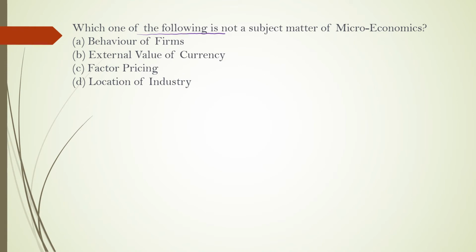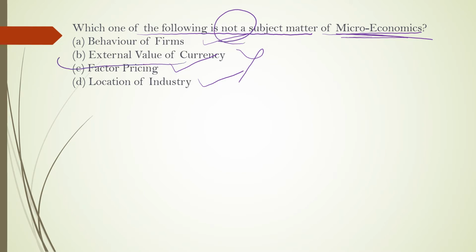Which one of the following is not a subject matter of microeconomics? Behavior of firm, micro. External value of currency, no. Factor pricing, location of industry. They are asking which is not the subject matter of microeconomics, and that is external value of currency.